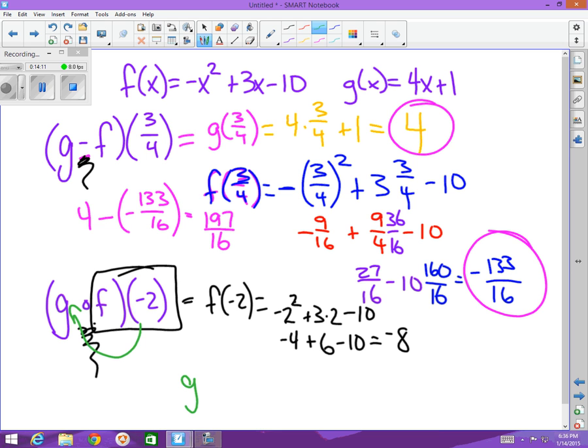So g of negative 8 is what you have to figure out secondly. And so that's 4 times negative 8 plus 1. Getting your calculator out to do that, 4 times negative 8 is negative 32.